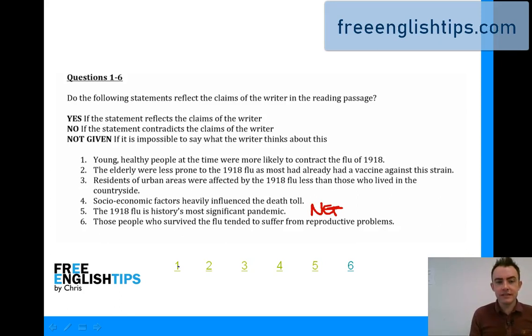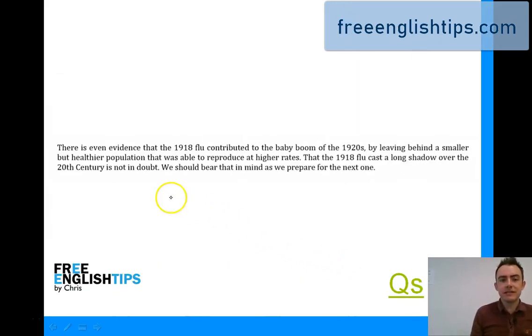And question 6 says, those people who survived the flu tended to suffer from reproductive problems. Okay? I remember something about reproduction. Let's see, I think it was also at the end. It mentions that the healthier population was able to reproduce at higher rates.